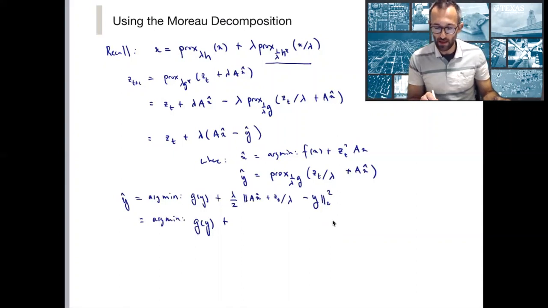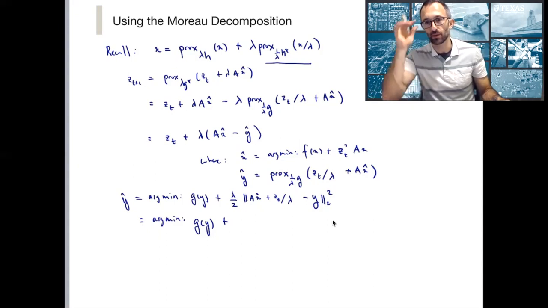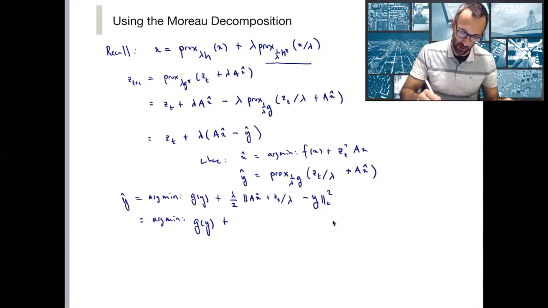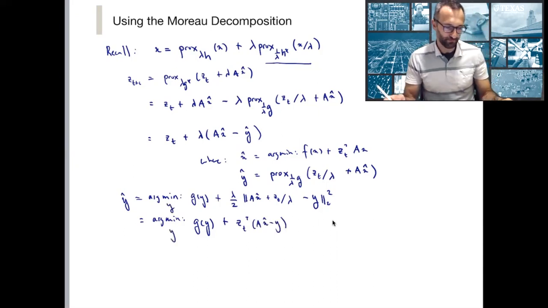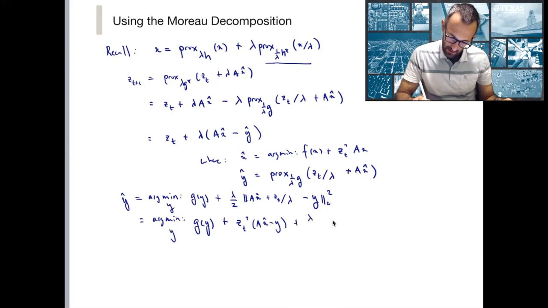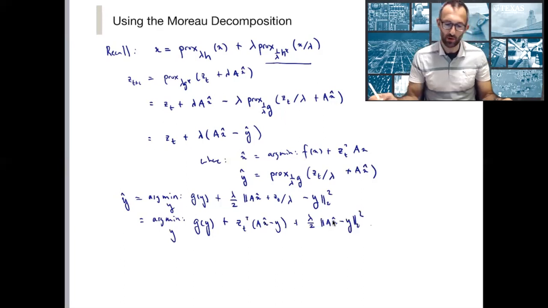I do that just by expanding the square and then dropping any terms that don't involve a y, since I'm interested in the argument rather than the value, our usual thing. This is equal to zt times (Ax hat minus y), again an argument over y, plus lambda over 2 times (Ax hat minus y) squared.